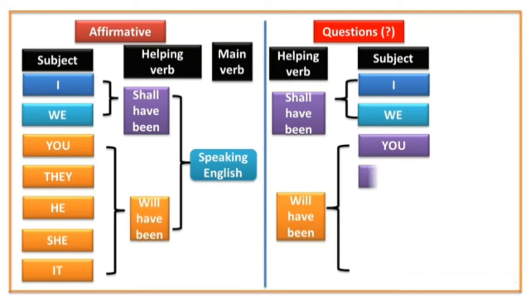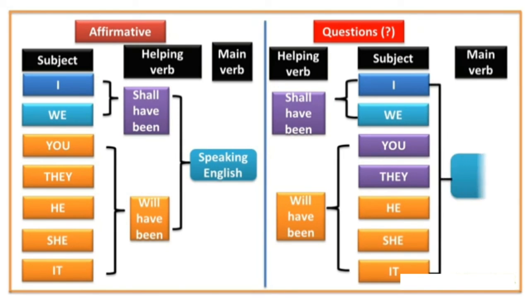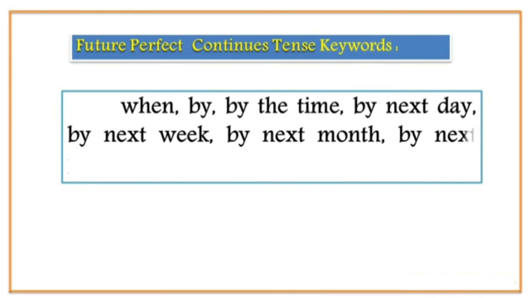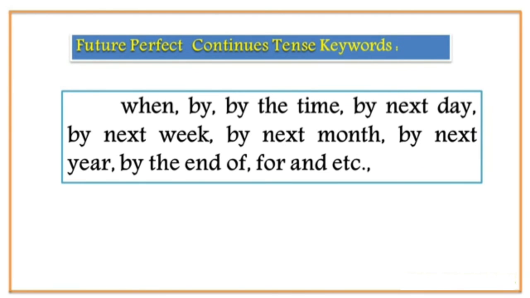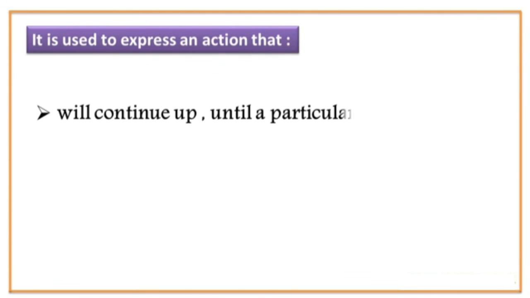To make questions, keep will or shall at the beginning of the sentence. Perfect continuous tense is used to express an action that will continue up until a particular time.